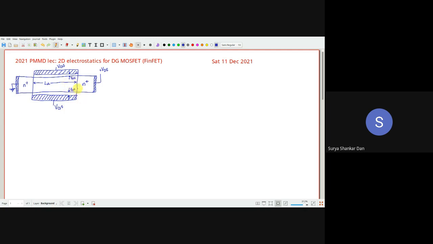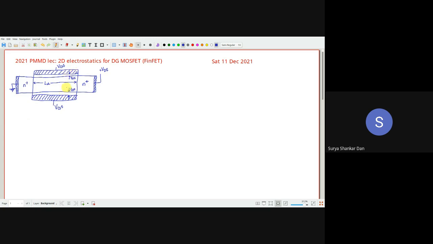Whenever we are speaking about double gate MOSFET or FinFET, we will assume that this device is very, very small, so the channel length is on the order of nanometers, 45 nanometer, 15 nanometer, and things like that. Since it is very small, we have to always keep in mind that we have to solve the 2D Poisson's equation, not the 1D Poisson equation.